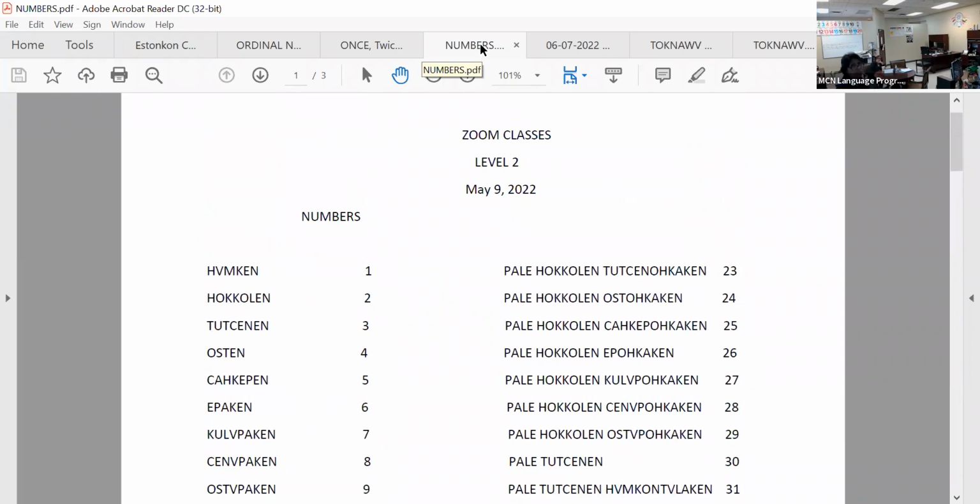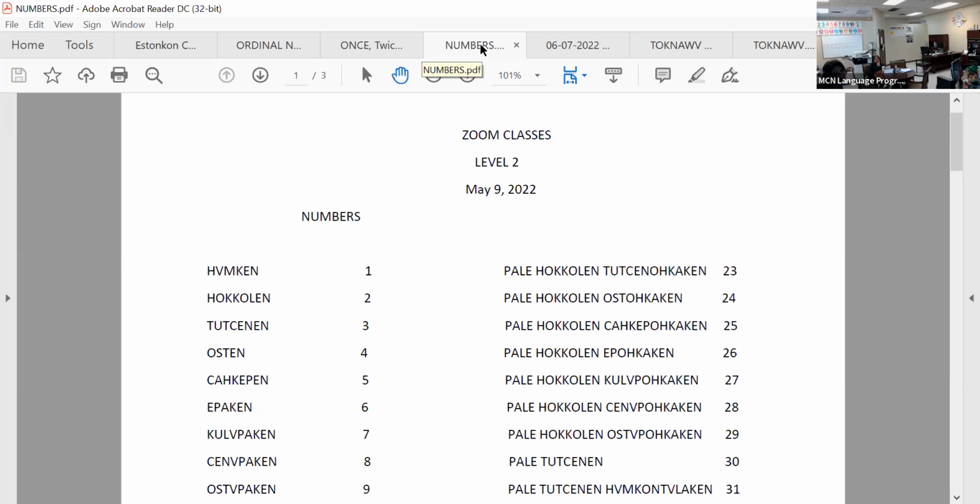Bali Hokolen, Dochinokkagen. That's 23. Bali Hokolen, Ostokkagen. That's 24. Bali Hokolen, Jakibokkagen. See, when you say Bali Hokolen, remember Balen is 1, but when you put 2, it's 2 tens.